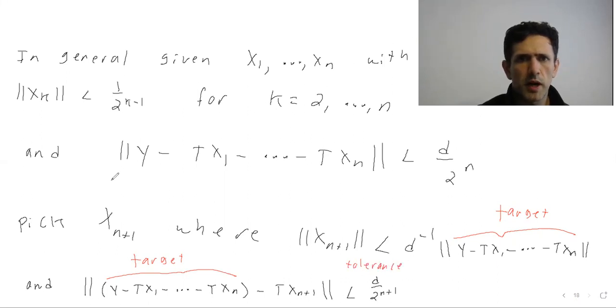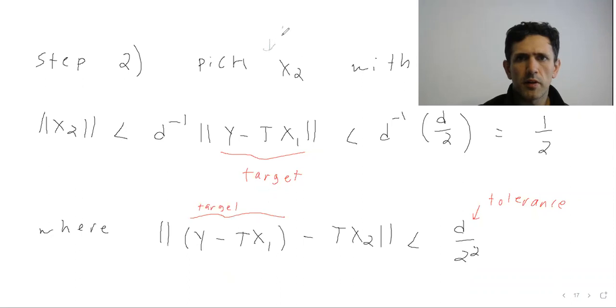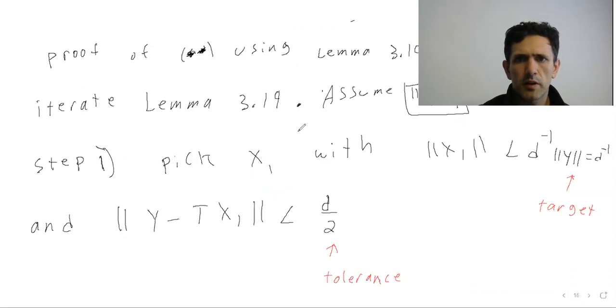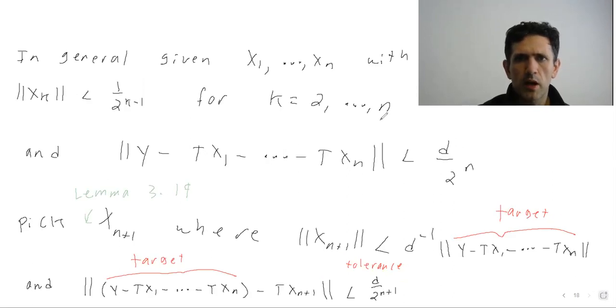And of course, this is by lemma 319. I've been implicitly using that here, here, and here. Okay, right, so we're almost done.